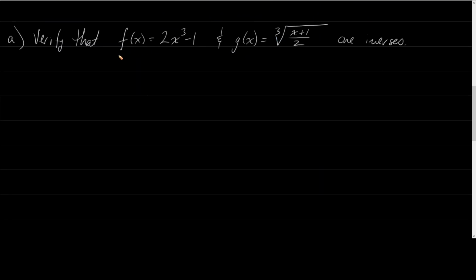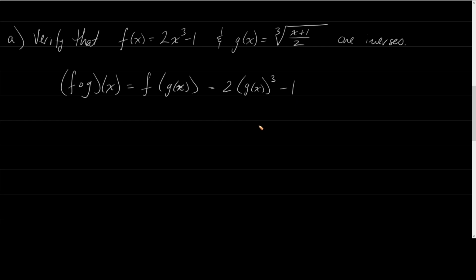So if I take f composed with g of x, well, what does that mean? That means f of g of x. And if you recall, that just means plugging g into f. So that would be 2 times g of x cubed minus 1. And g of x, well, we have a definition for that.